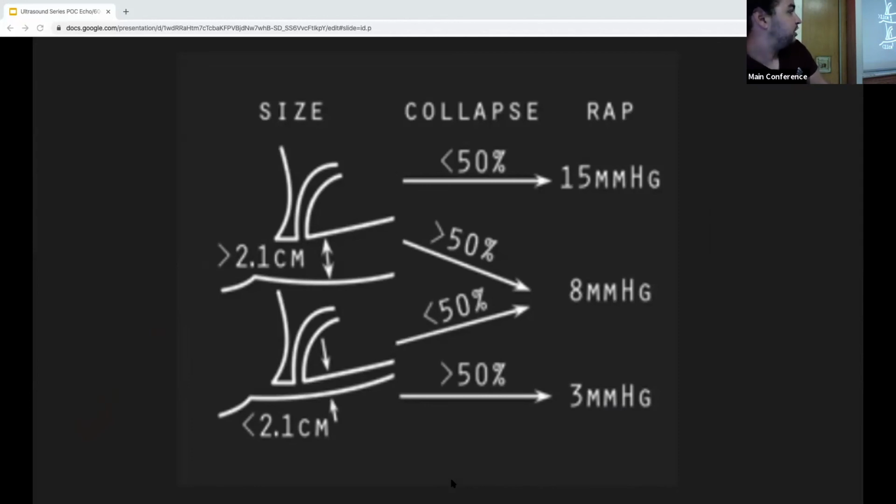Your IVC should be around 2 centimeters. If it's less than 2 centimeters and still collapses greater than 50%, then your RA pressure is only 3. But if it's around 2 centimeters and it collapses appropriately, then your RA pressure is 8. But if you have a plethoric IVC, then your RA pressure would be 15.